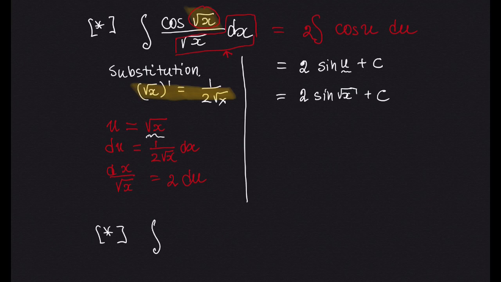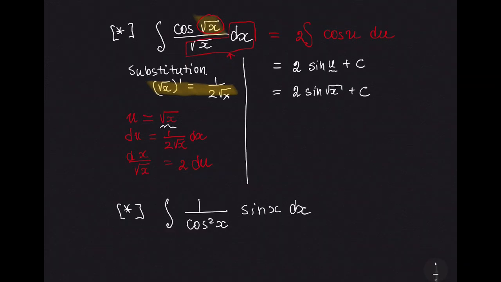The integral of 1 over cosine squared x times sine x dx. In this situation, it looks like the substitution should be u equals cosine x, and the reason why the substitution is going to work out is because the derivative of cosine x is negative sine x dx.